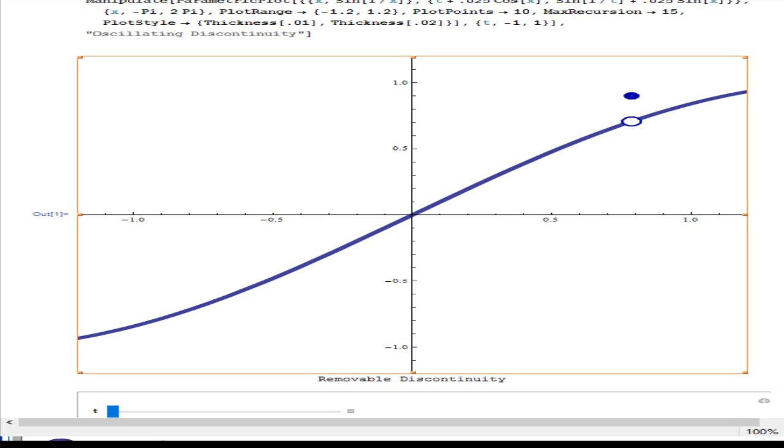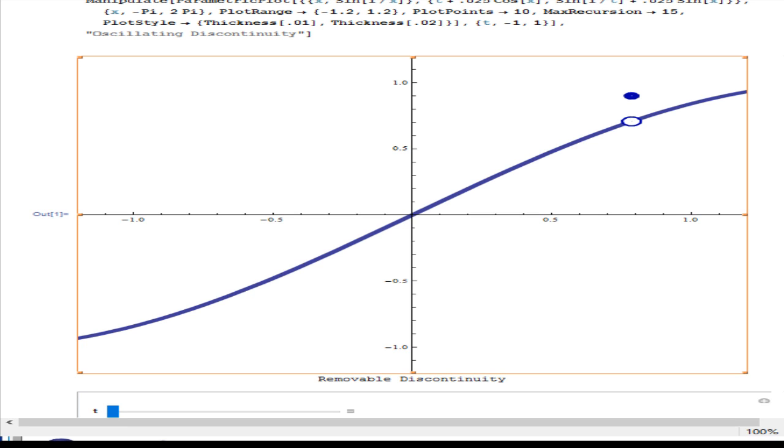So if we're looking at this point, it looks like 0.7 here is where the gap is. The function points to this value where this hollow circle is. That's what we would like the value of the function to be. If we want the function to be continuous, that has to be the value of the function. But the value of the function is actually up here above that hollow circle. And so this is not continuous at that point because that's not what the function is pointing to, in some sense.